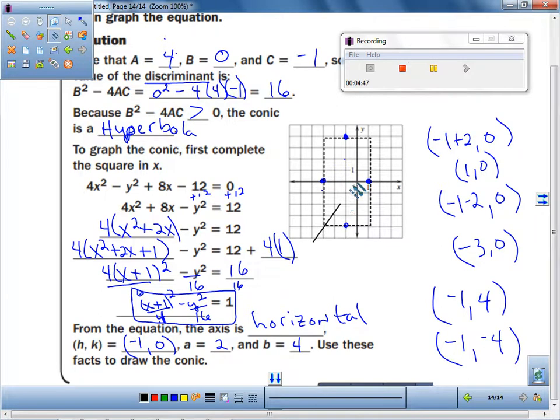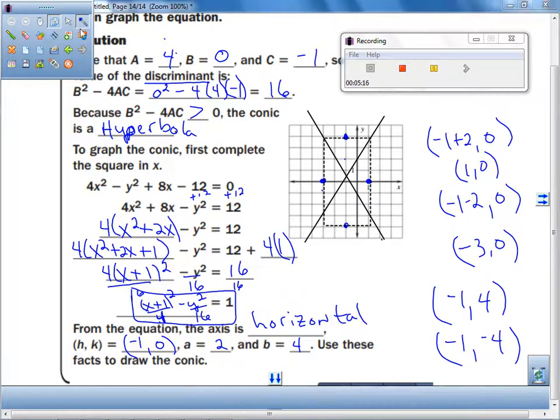Anyway, we're going to draw a guide for our asymptotes. Okay, that's our asymptotes, and now we just got to draw in the graph of our hyperbola.